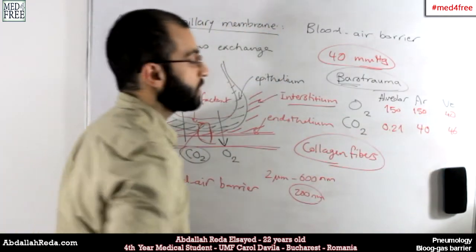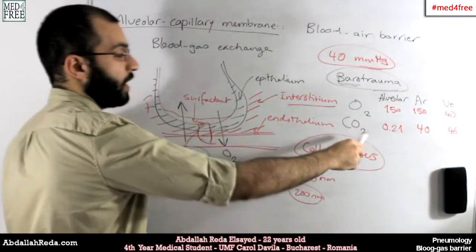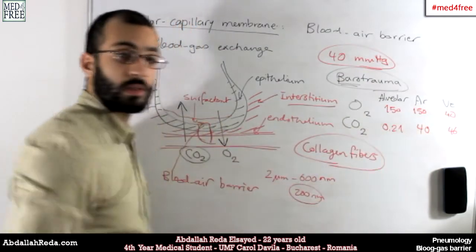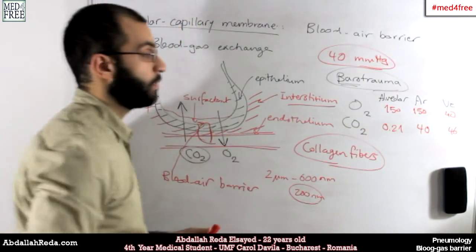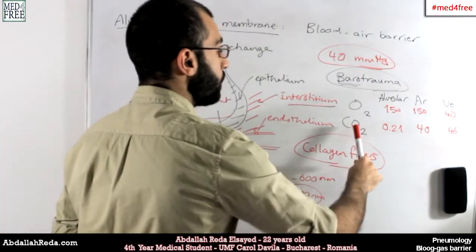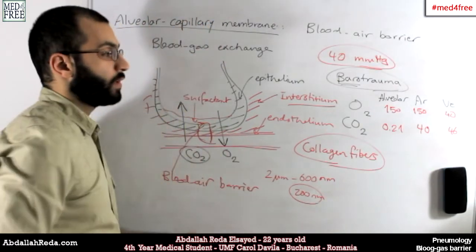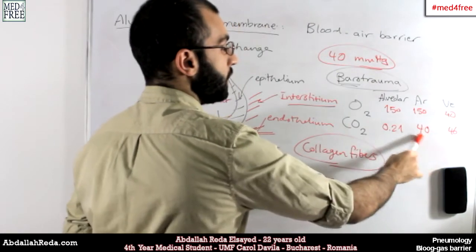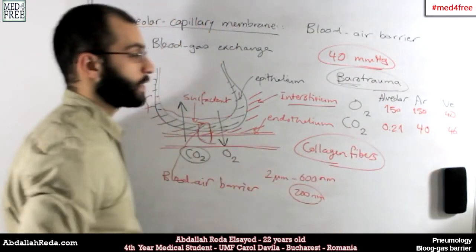So we can see the massive difference in the amount of oxygen that we have in the alveoli and in the arteries, the same values, while for carbon dioxide, we have a very little amount in the alveoli and a relatively higher amount in the arteries.